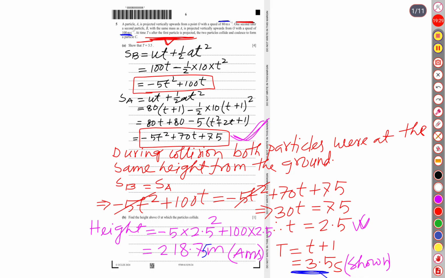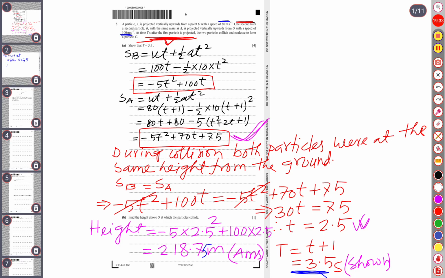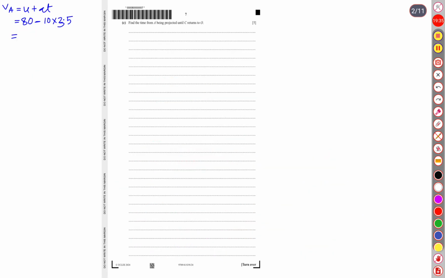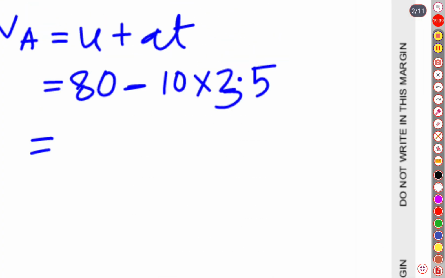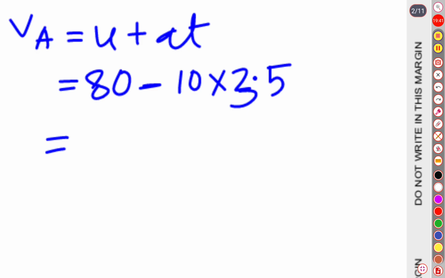So we will write 3.5 over here. From 80, if we subtract 35, it is going to be 45. So 45 meters per second was the velocity of particle A before collision.